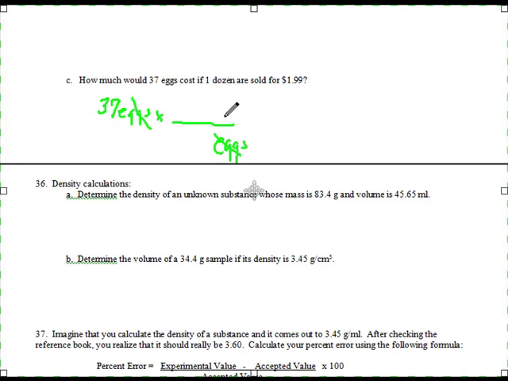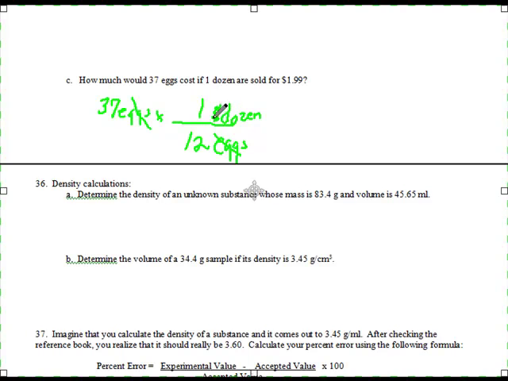Now, what do you know about eggs? Well, you know that if you have 1 dozen, you're going to have a certain price. So you've got 12 eggs is 1 dozen.